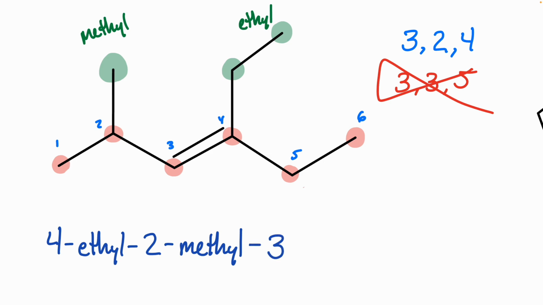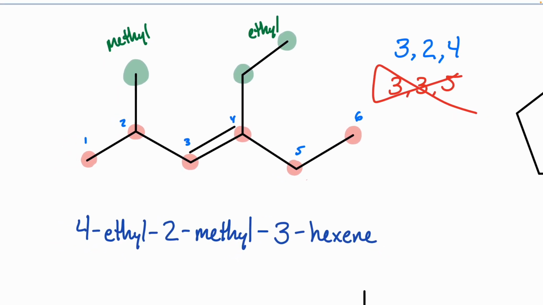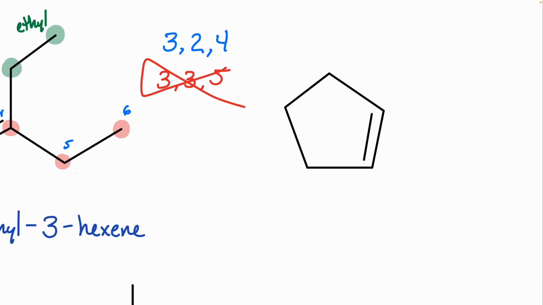And now we have our parent chain, our 3 hexene. All right, so 4 ethyl, 2 methyl, 3 hexene. Beautiful name. Okay. All right, cool.